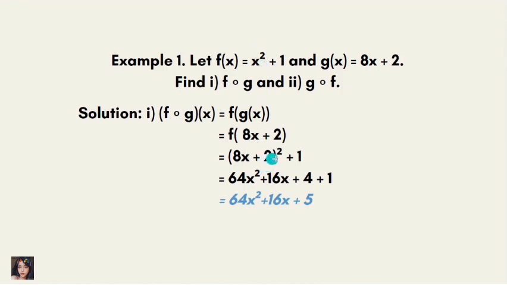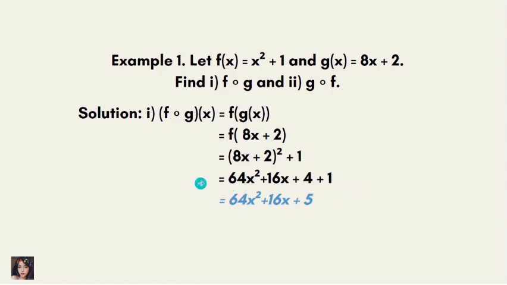So 8x plus 2 raised to 2, and then we will copy the 1. So we will expand and simplify. For 8x plus 2 raised to 2, we will use the FOIL method. After using the FOIL method, we will have the answer 64x squared plus 16x plus 4, and then we will copy the 1.